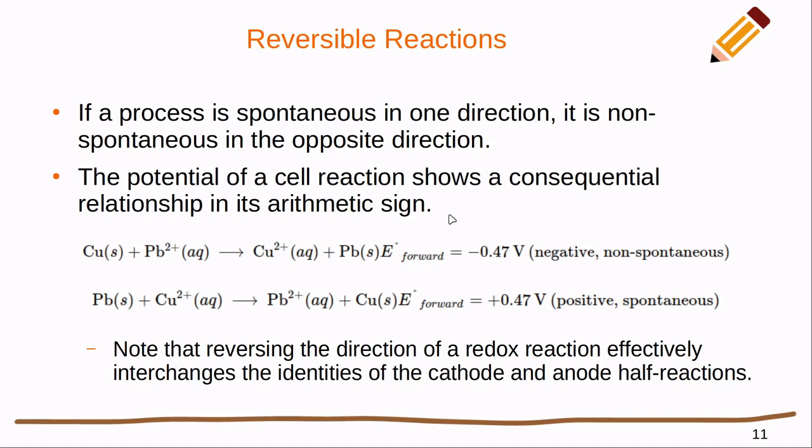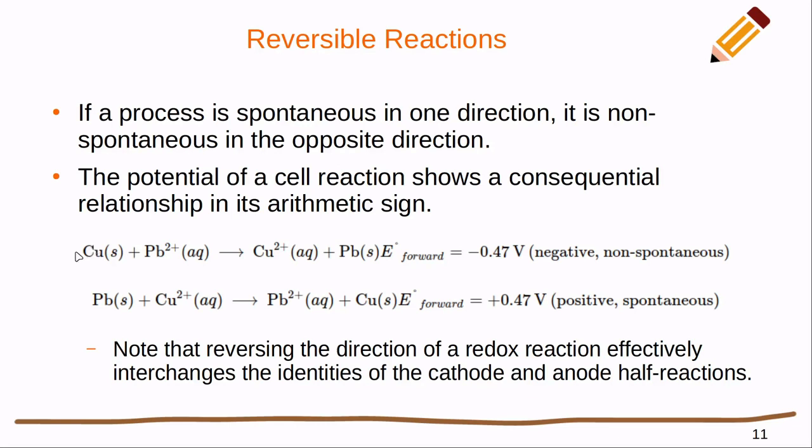So just like we've seen with enthalpy and Gibbs free energy, if I have a reversible reaction, which most all of these redox reactions are, in one direction, if I wind up with an E cell that's negative, if I reverse that equation, I'm going to change the sign of my E value for that reaction.